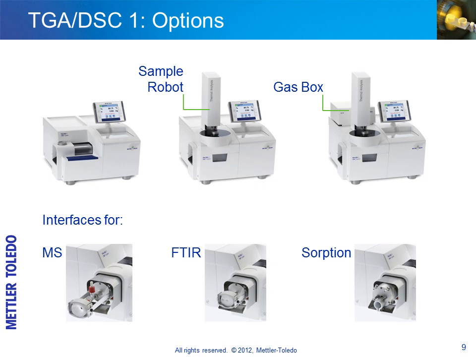A humidity generator can be attached to the TGA DSC-1 equipped with a large furnace in just a few minutes. This option allows materials to be analyzed under precisely defined conditions of relative humidity and temperature.